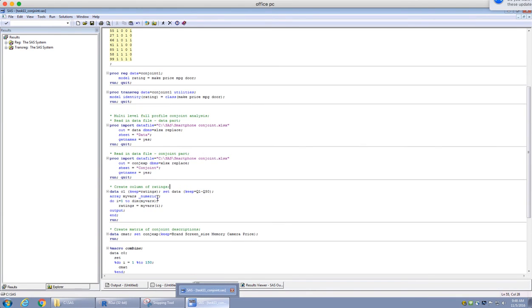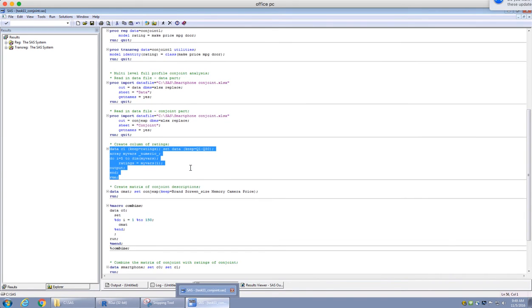Now, I'm going to create a column of ratings. I'm just going to get the ratings and make it a full column. This is a step that SAS has to make because SAS is more of a matrix type of operation. Now I'm going to have to make a matrix of conjoint descriptions and the attributes. So I'm going to get the conjoint data set.